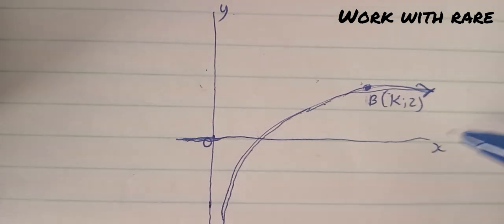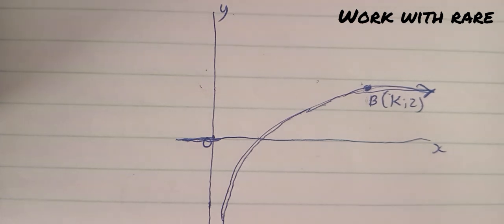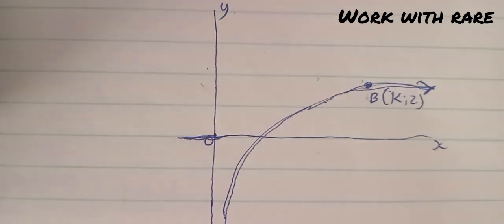If you have an unknown like this, they will ask you to calculate the value of this unknown. Actually, all the time it is the first question, because if you don't know this unknown, how will you be able to answer such questions?